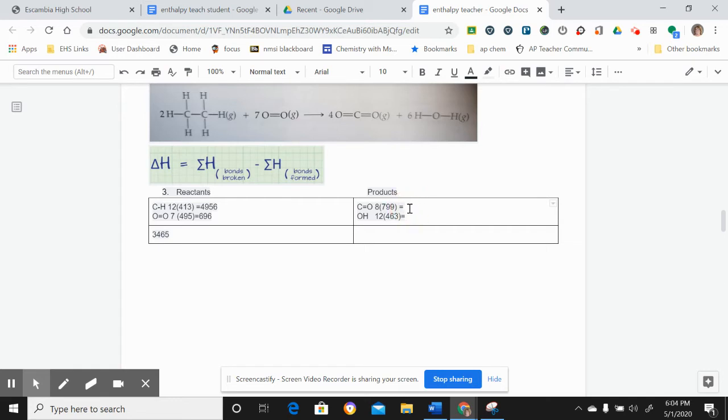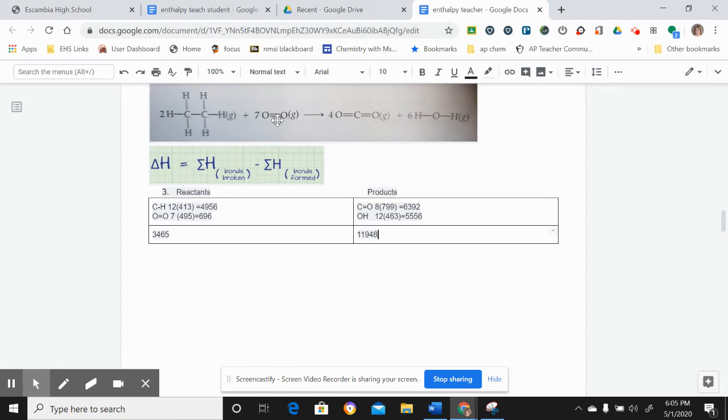Do my math here. 8 times 799 is 6392. OH, 12 times 463 gives me 5556. I add those two together, I get 11948. Now, which side is my bonds broken? Left-hand side. These are my bonds broken.